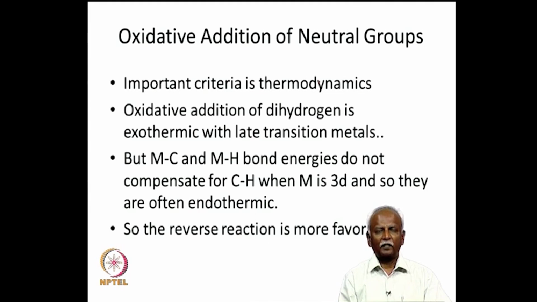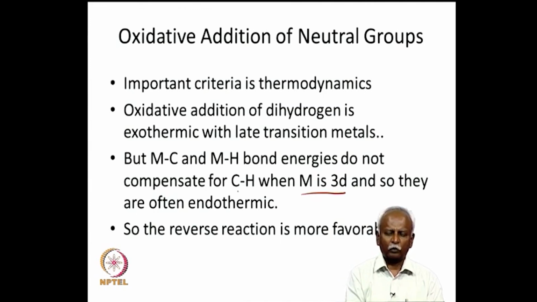The important criterion whether this reaction will work or not, or will proceed from right to left or not, is dependent on the fact that you have strong 4d and 5d metal hydrogen bonds and strong metal carbon bonds. If the metal is a 3d element, then the metal carbon and metal hydrogen bond energies are not sufficient to compensate for the bond that is broken, which is a CH or an SiH bond.